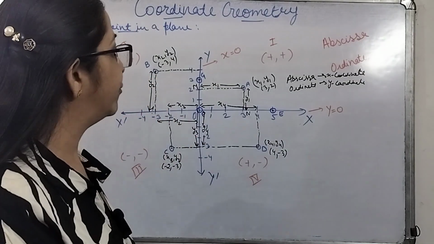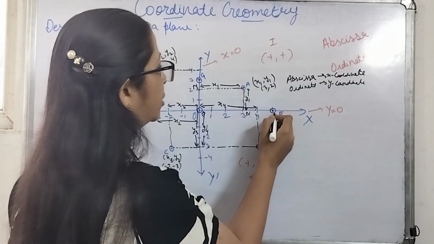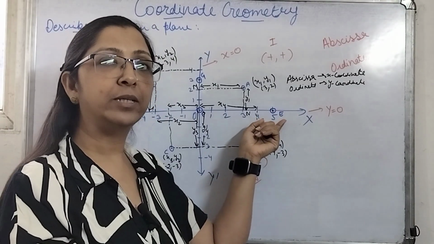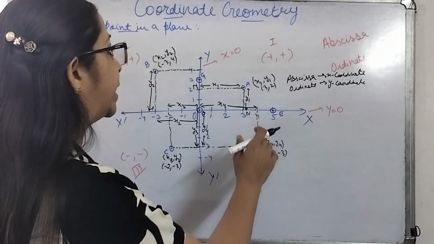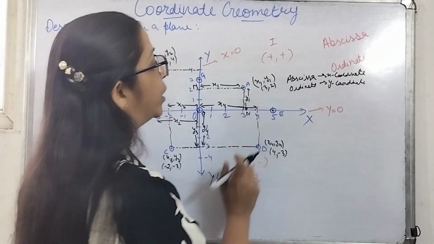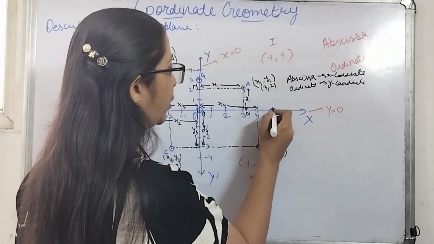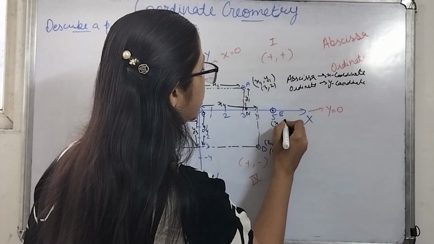Now let's see if there is any point on the x-axis. Suppose I am talking about the point E. It is a point on the x-axis. So any point which lies on the x-axis, its y coordinate will always be 0. That means the form of the point will be (x, 0).